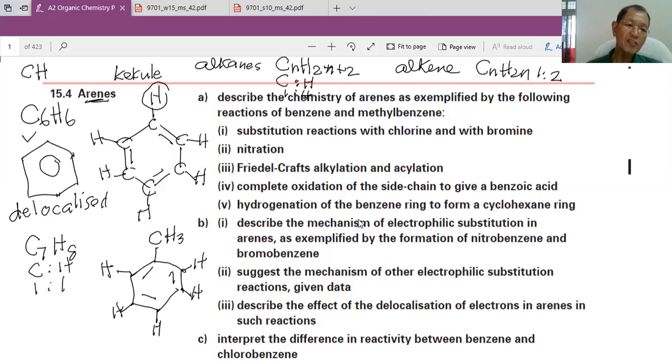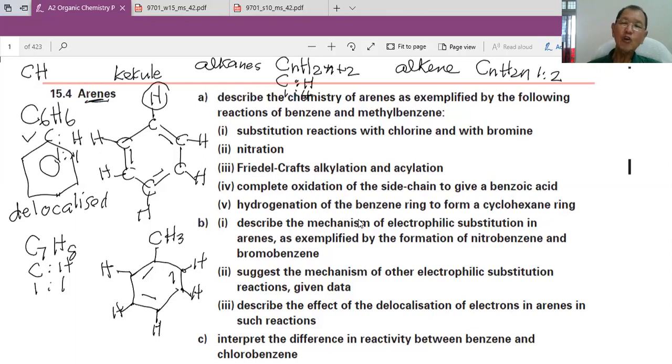Here also about 1 to 1. So when you see that it is short of 2 here, if it's 2 here, you know that it's alkenes. So if it's less than 2, 1 point something, it means it contains a ring here. Normally we will do only 1 ring. Sometimes you use 2 rings, but they will tell you.